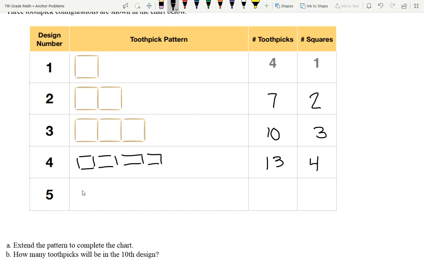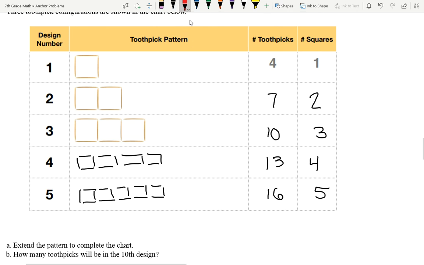What about the 5th one? Well, let's draw the first square again. Now the second square. Now the third square. 2, 3, 4th square. To get the 5th square, I'm adding 1, 2, 3 to take me to 16 toothpicks for the 5th square.